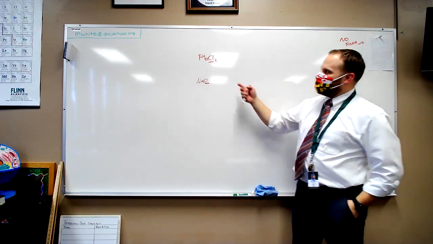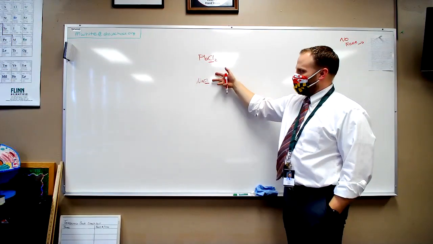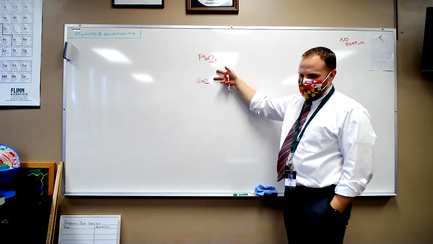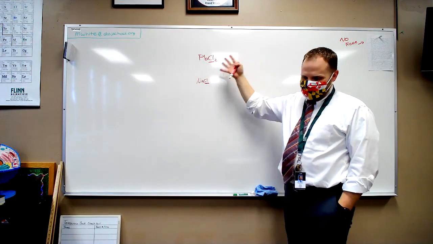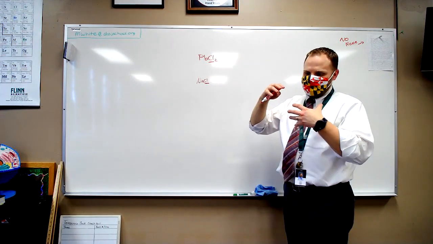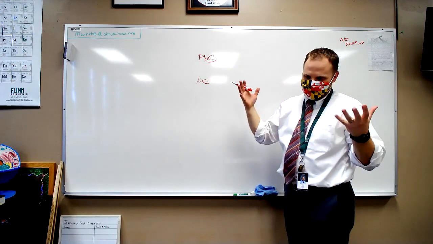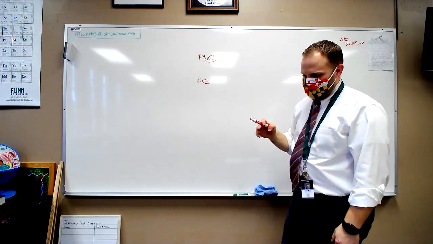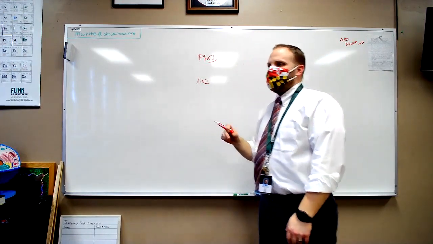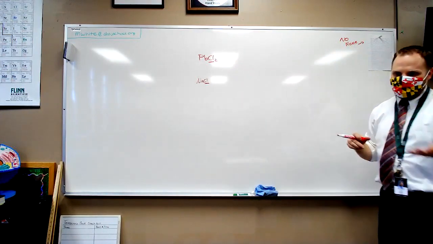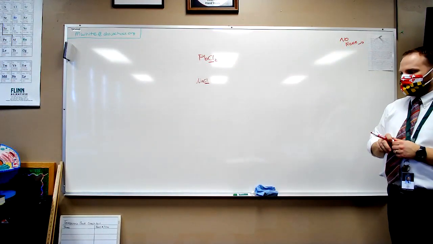Basically, if you have two things that are going to create a common ion, you can dissolve less of them together than you could if they were separate. It's kind of like, here in the classroom, you have tables.